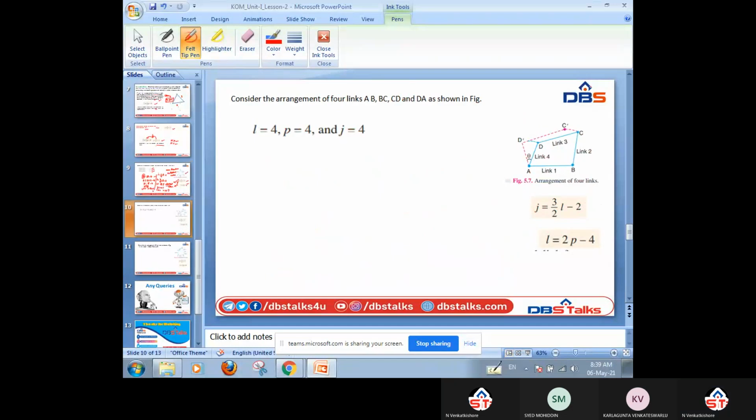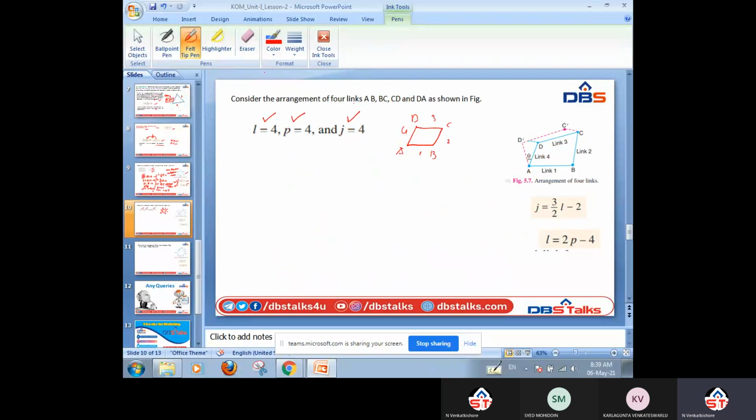Let us consider one more thing. Here the diagram is link 1, link 2, link 3 and link 4, connected at A, B, C, D. So how many links are there? 4 links, 4 pairs, and joints is also 4.